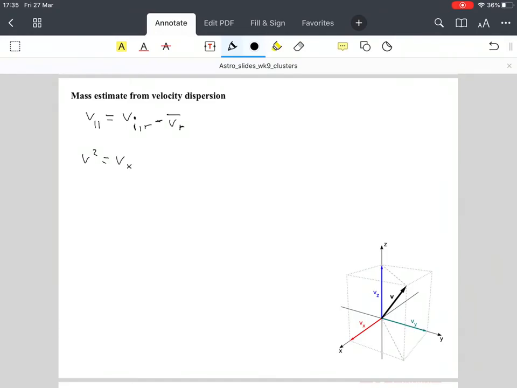So we have the total velocity squared is the x component squared plus the y component squared plus the z component squared. Okay? And that's fine, but what we have is a large population of galaxies, so we're looking at the average components. And in that case, we have these average values that also follow the same relationship. But notice I've put a bar on top to show that these are the average along these directions.